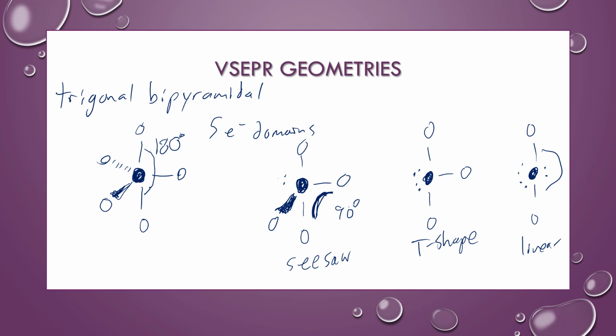Or if you're comparing the atoms that are all equatorial around the center, because it forms a triangle around the center, that becomes 120 degrees. So you have 180, 90, and 120 degrees, depending on which atoms you're comparing. So be careful. It's a little difficult for them to ask this question because of those different bond angles, but it's not necessarily out of the realm of something that they could ask.